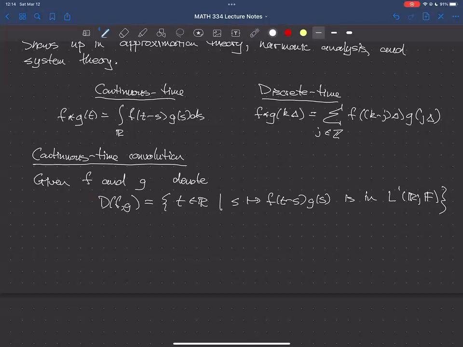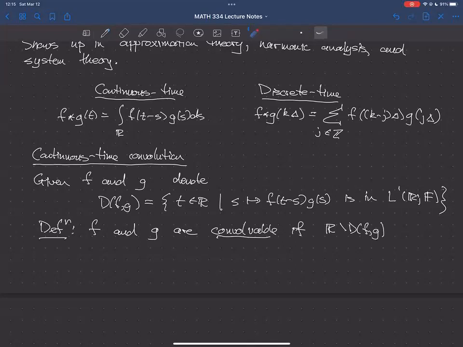And we'll say that f and g are convolvable if the set of points not in here, where this thing is not in L1, has measure 0.